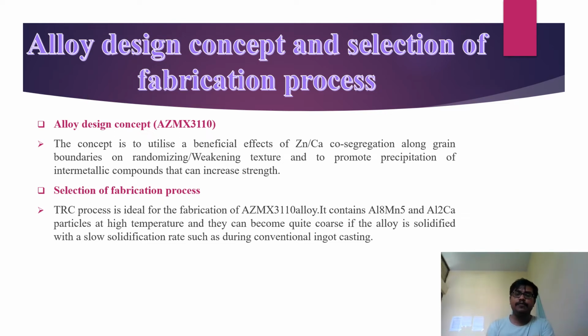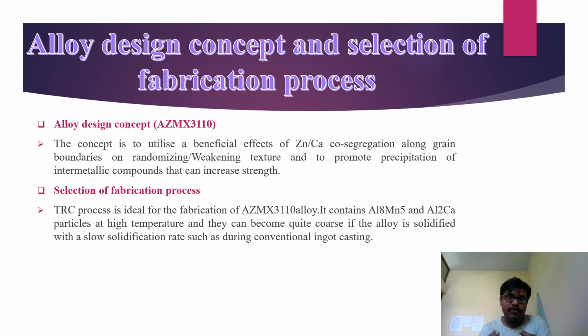At the same time, the other elements which we have added in the magnesium alloy will form intermetallic compounds, and those intermetallic compounds are Al8Mn5 and Al2Ca. This type of intermetallic compound formed inside the grains will obstruct the dislocation motion, and that will increase the yield strength of the magnesium alloy.